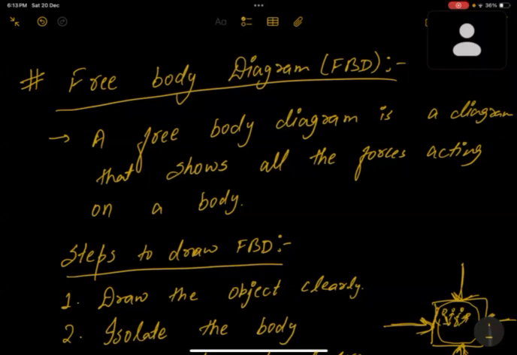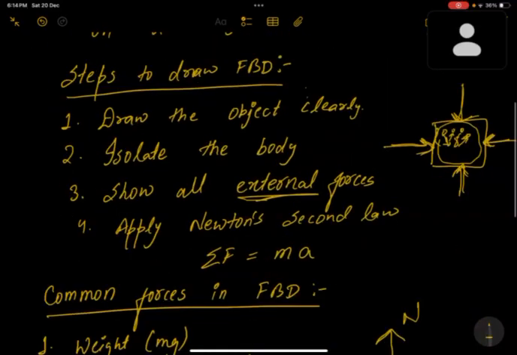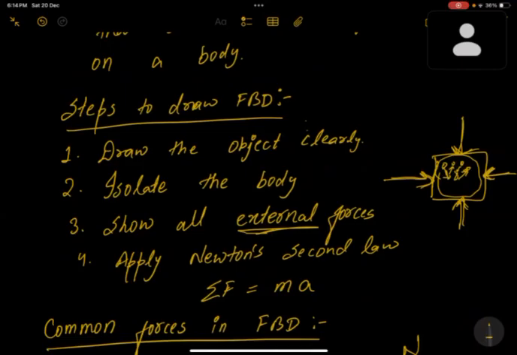Yes, ma'am. So today we have started the topic free body diagram. A free body diagram is a diagram that shows all the forces acting on a body. There are steps to draw a free body diagram.